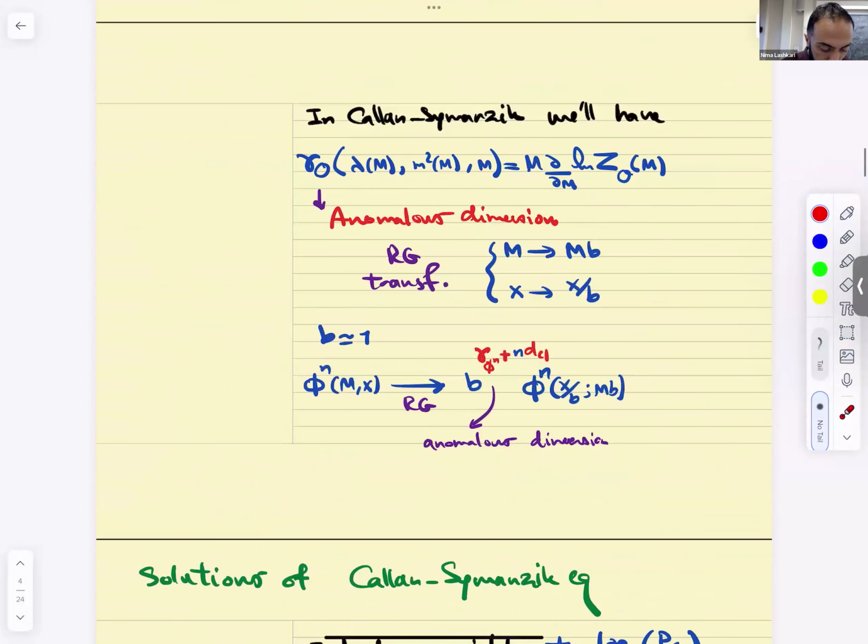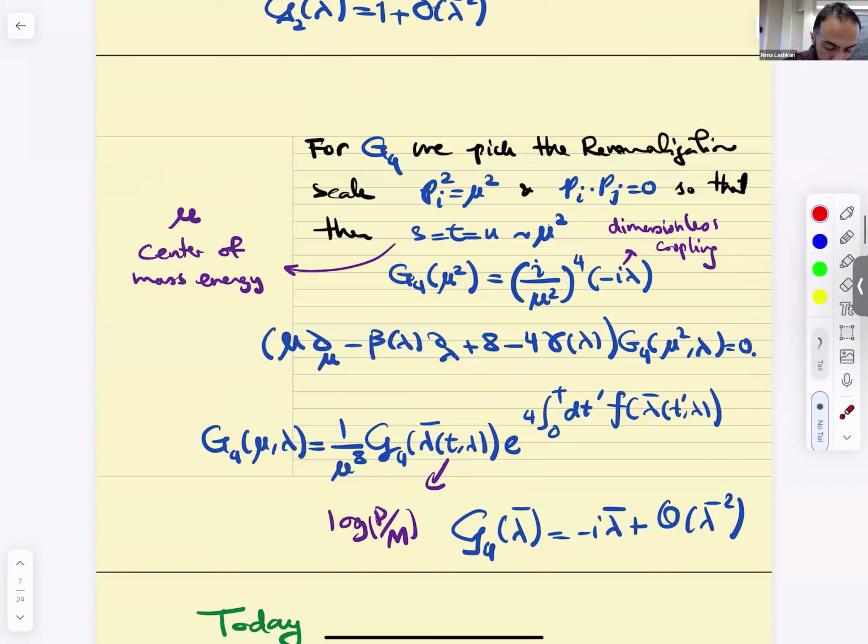well, let me just write here. This is the analog of saying that I wrote G2 as 1 over p squared, right? G2, but here this was 1 at p equal mu, right? So this is a function of t, indirectly a function of lambda bar, right?